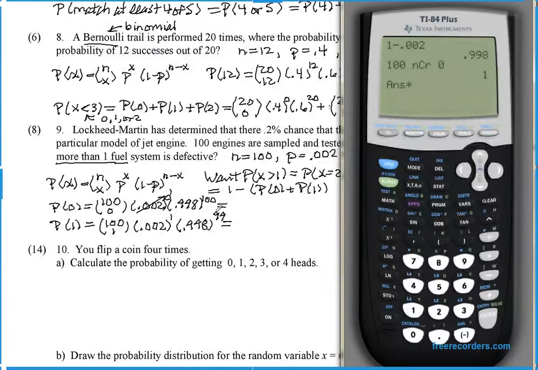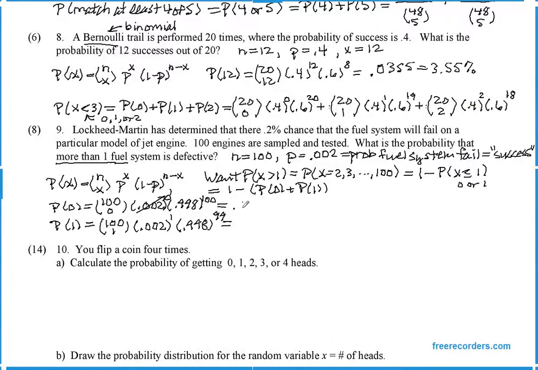So times 0.998, and then to the 100 power, 0.8186. Keep 4 decimals there. So 0.8186. So that's saying 81.86% chance that there's no defects.